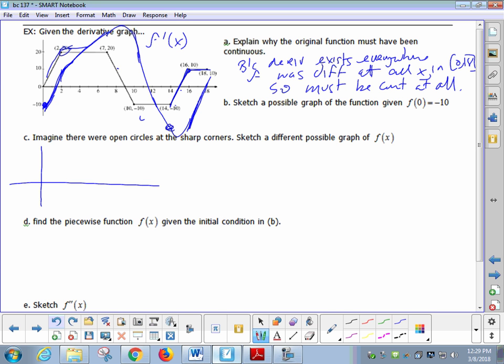So couldn't this be something like a positive parabola and then a disjointed line and then a disjointed parabola, and then on this piece here some kind of line, and then a disjointed parabola, and then some kind of line.